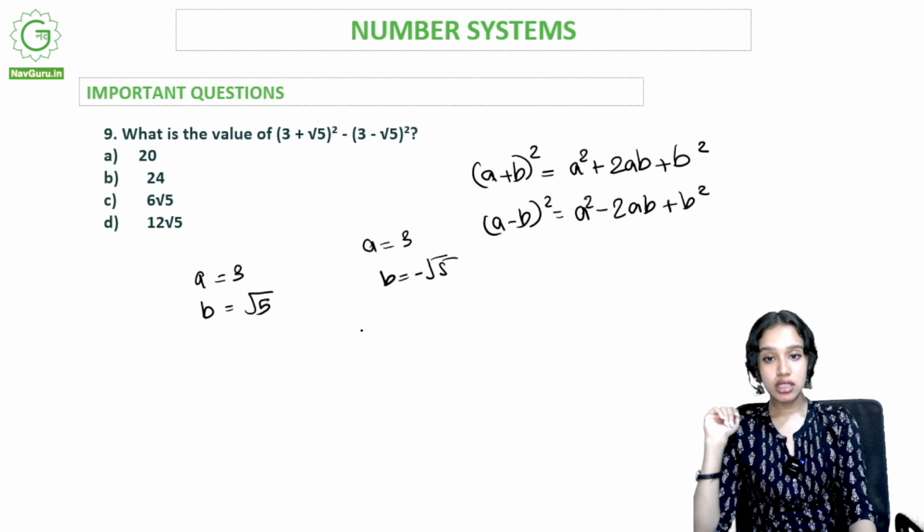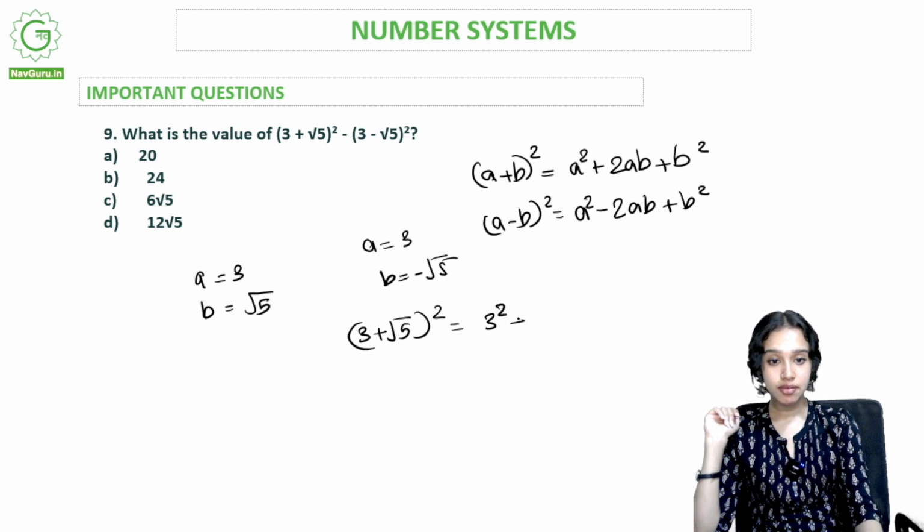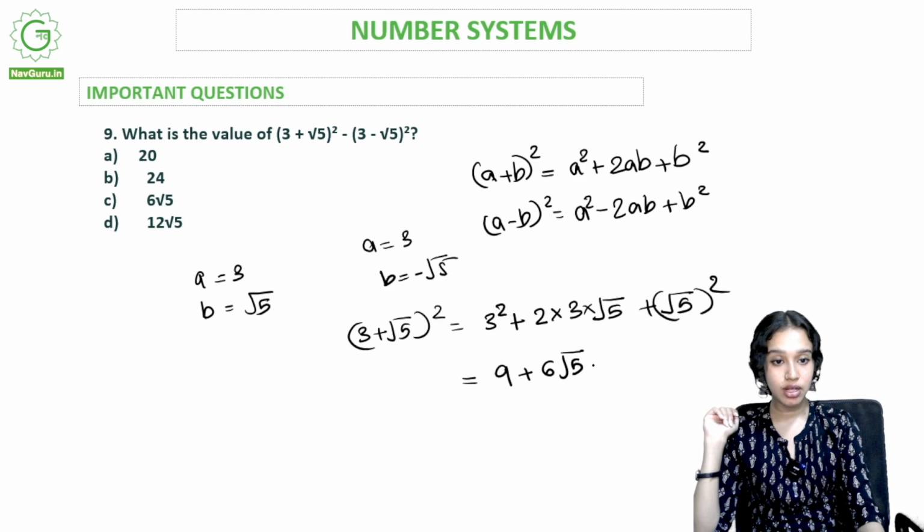So what is 3 plus root 5 the whole square? It's 3 square plus 2 into 3 into root 5 plus root 5 the whole square. And this would be equal to 9 plus 6 root 5 plus root 5 into root 5 becomes 5.